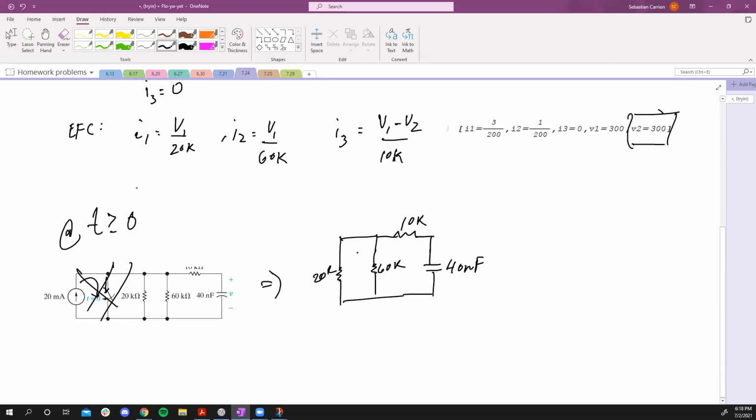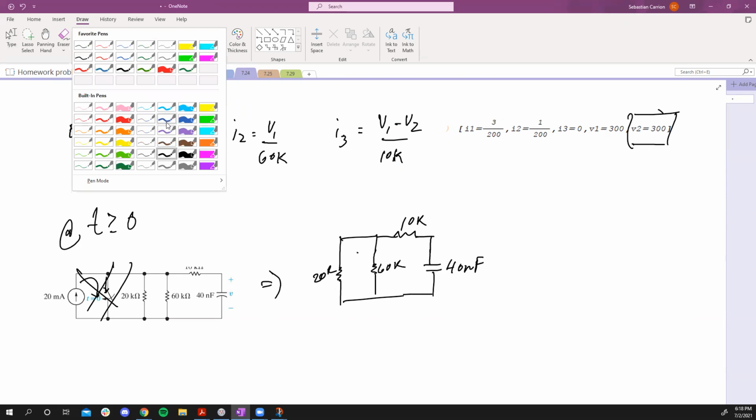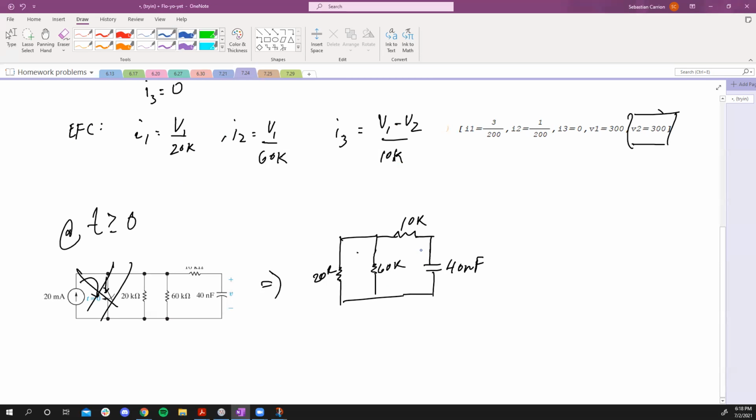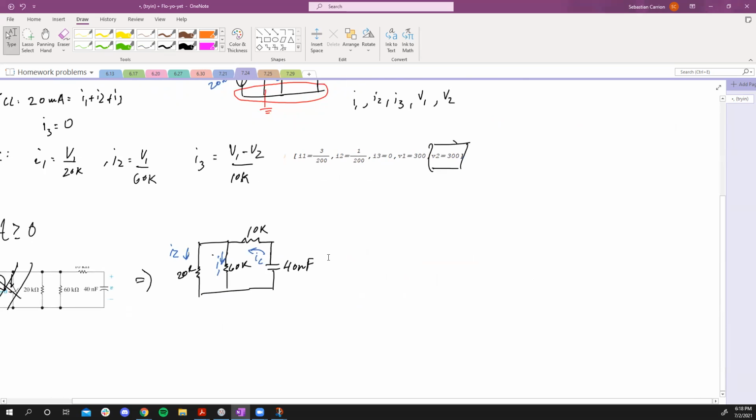All right. So then I'm going to call this IC, I1, I2, right? All right, so do KCL. Oh, I forgot to label my nodes.